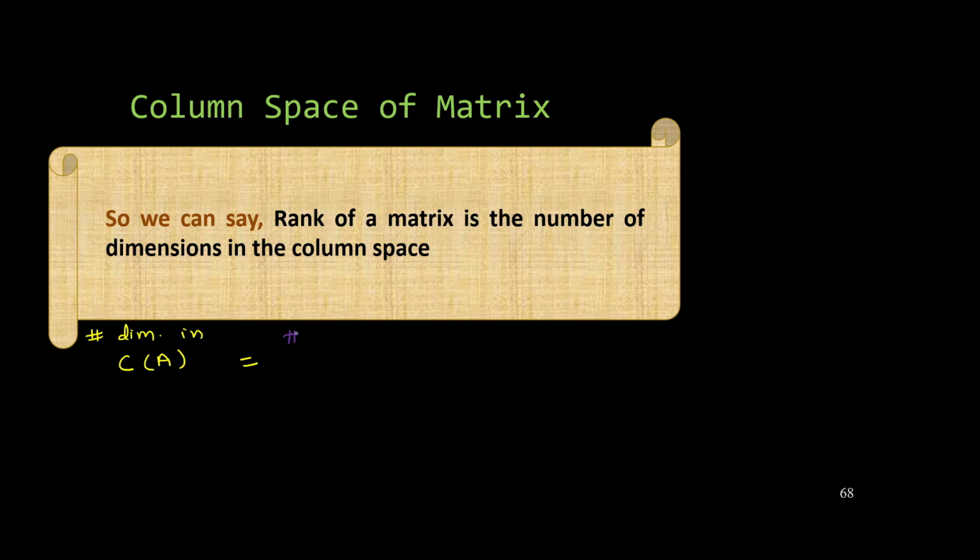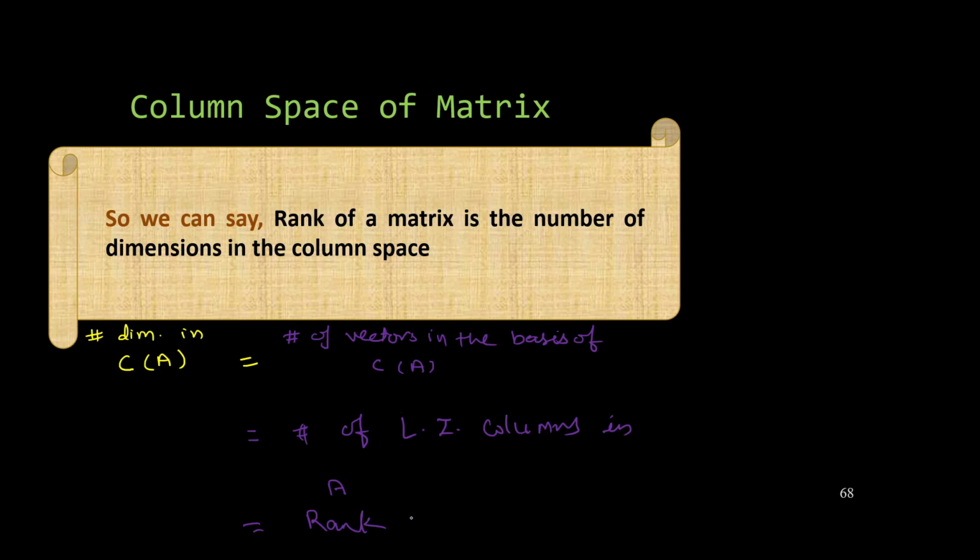It is equal to the number of vectors in the basis of CA. And the number of vectors in the basis of CA is equal to the number of linearly independent columns in the matrix A, which is known as the rank of the matrix, as we have just defined. So basically these are a few different ways of defining the same column space of a matrix.